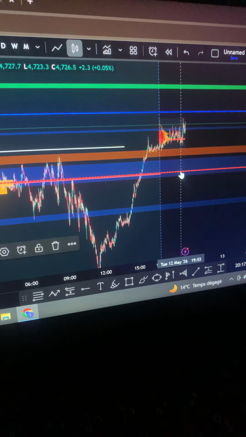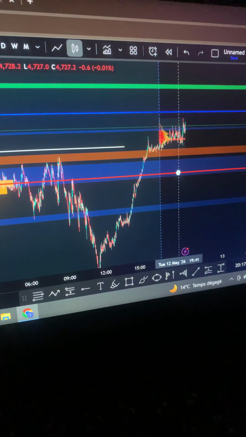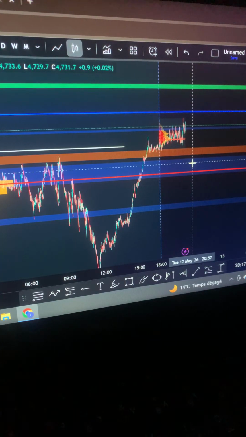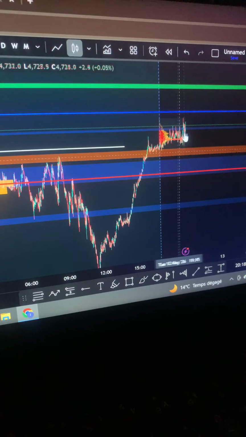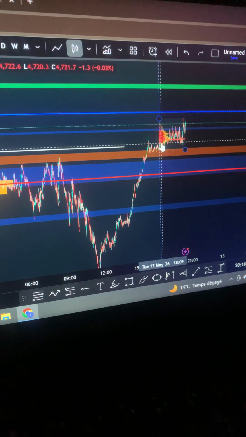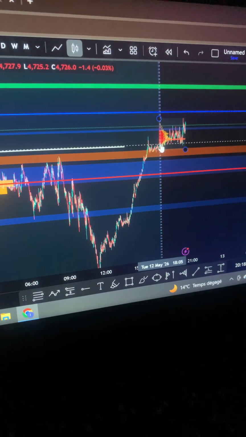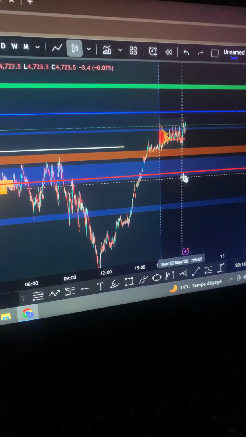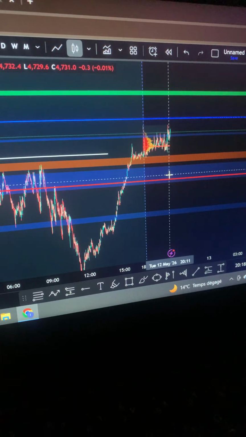This is the point that the algorithm will see and will seek for liquidity. So if we drop there, maybe it is an opportunity for buying, because you will buy at least below the daily open.